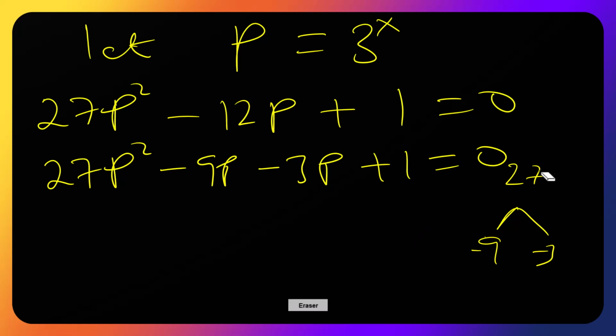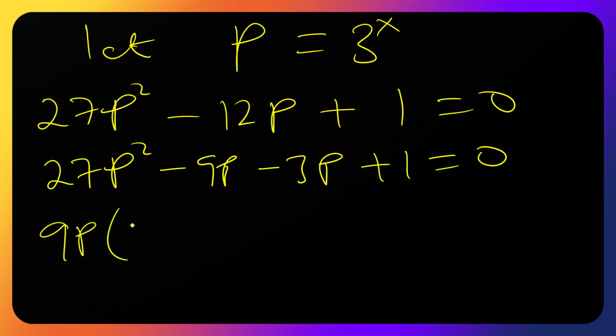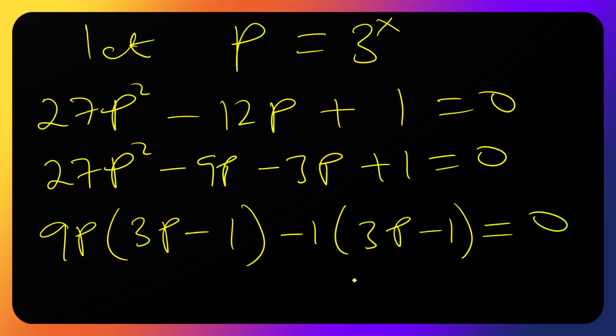Okay, so let's be very careful here. So 9 here, 9 here 3, then 9 here 1, so 9p out, and we have 3p minus 1. And this side, when I take minus 1 out, this side will be 3p minus 1. That is mathematics. Okay, all right, very, very beautiful.